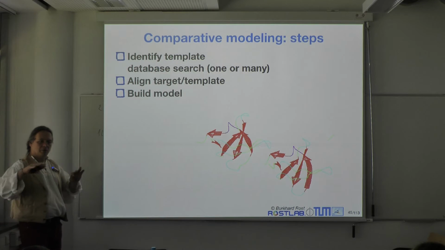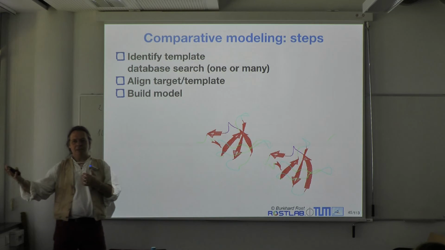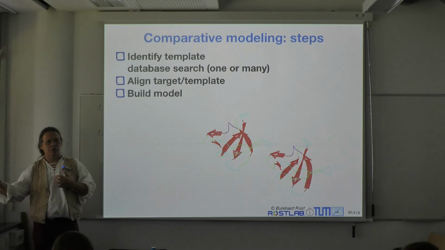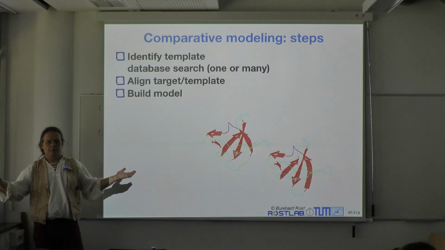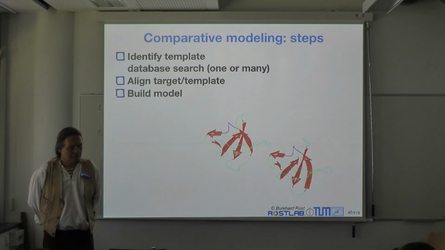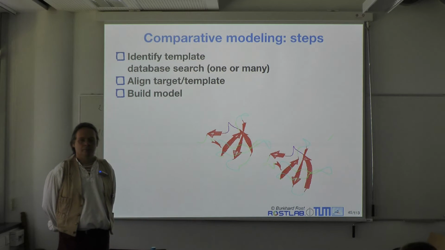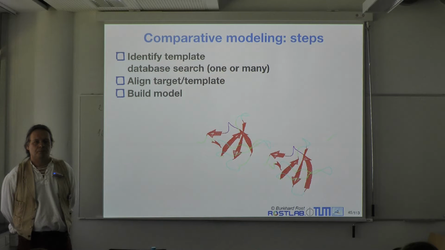So I now have my query sequence, my target. I have a template, a protein of known structure. How can I build a model? Give me one solution. The simplest.